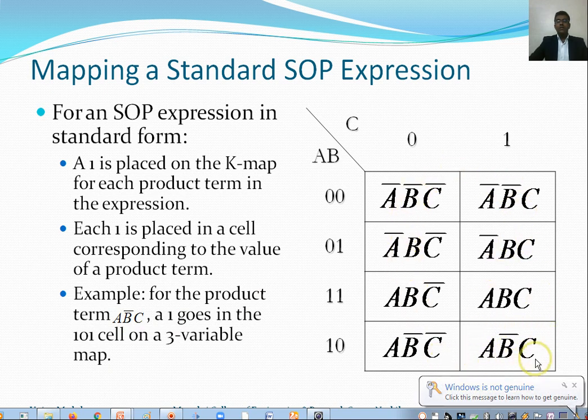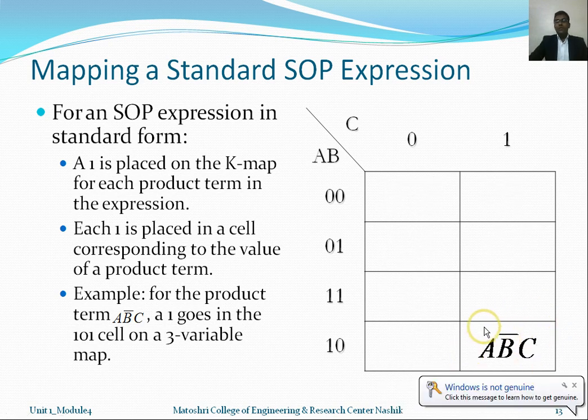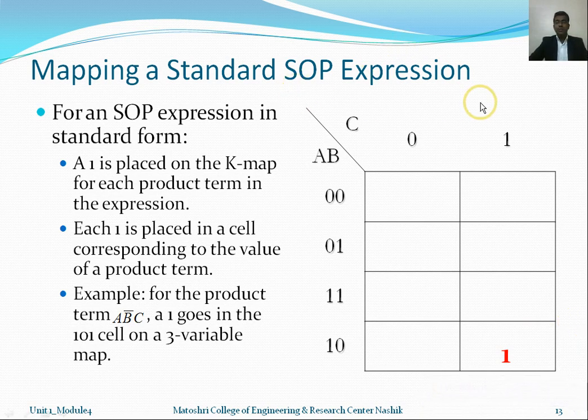It is shown here. For that particular location, we map a 1 for SOP expressions. In case of POS, we indicate zero values. So in case of SOP, whatever the variables, expressions or product terms you want to represent in the K-map are indicated by the digit 1.